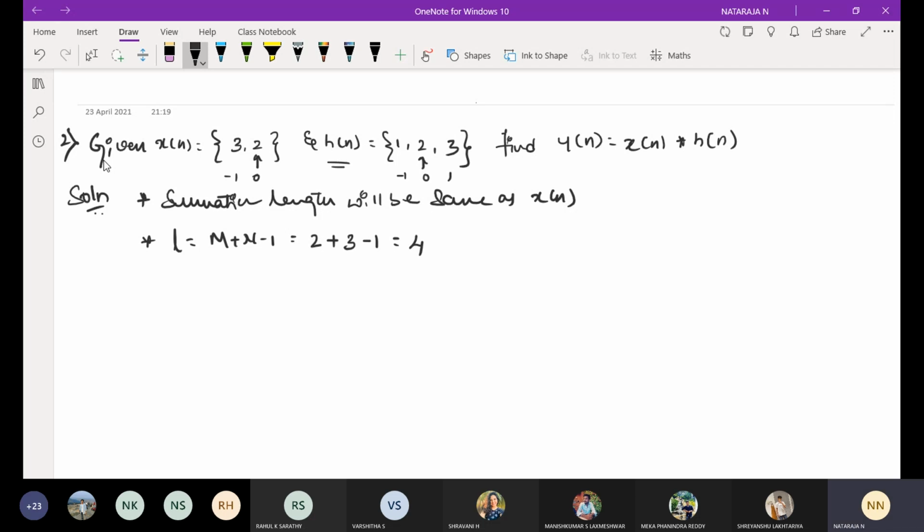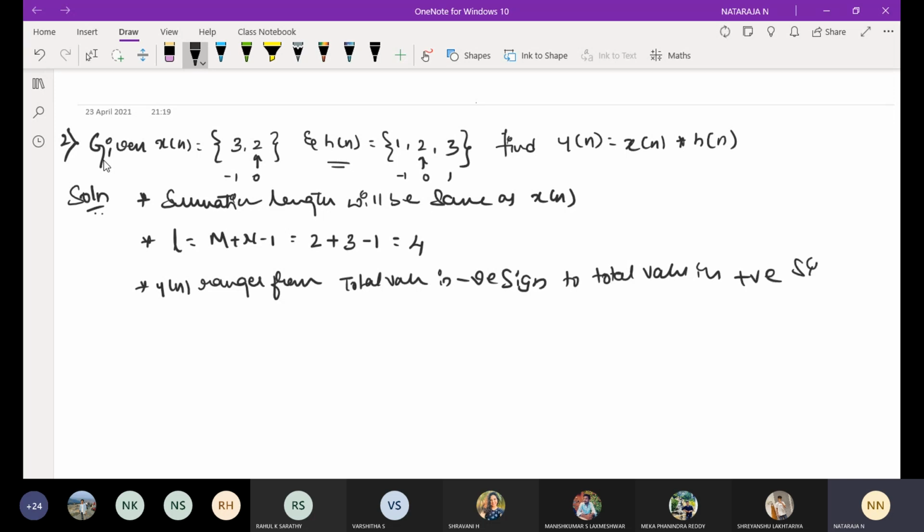Next, y of n ranges from total values in the negative side to total values in the positive side.